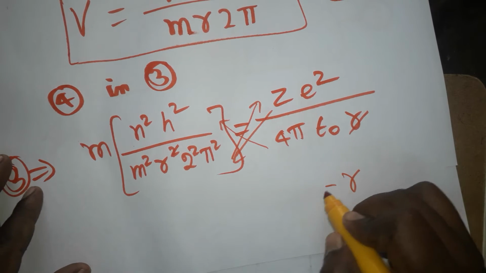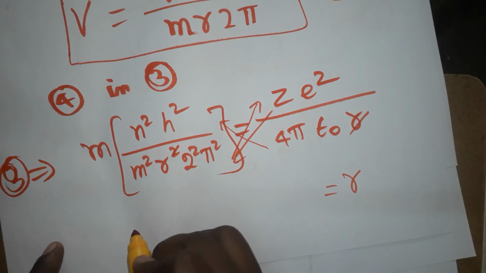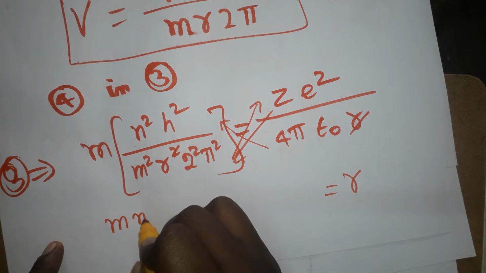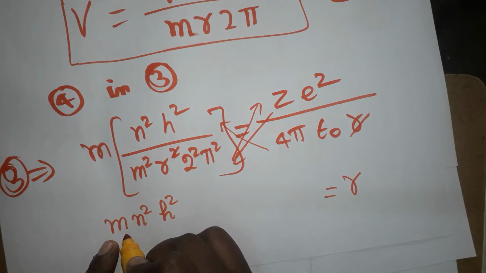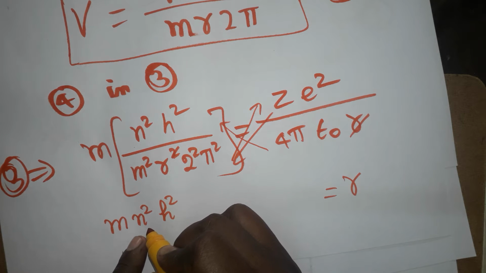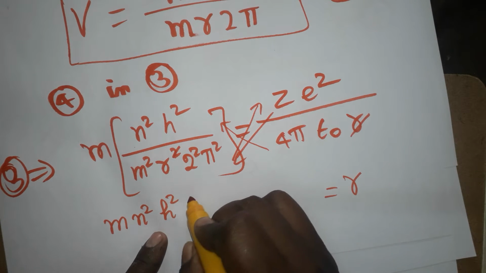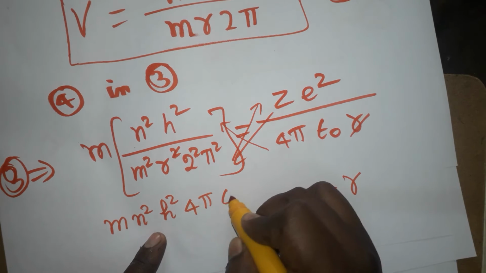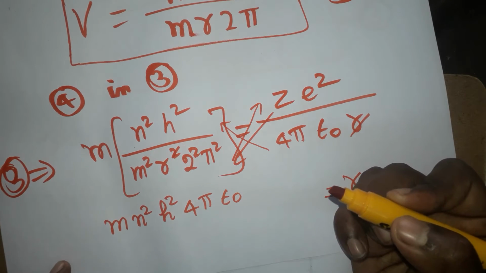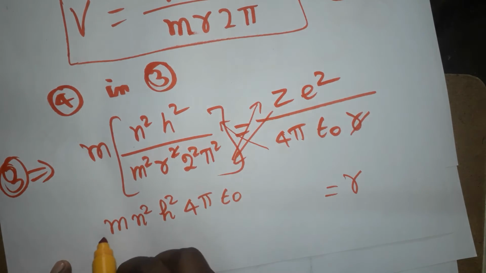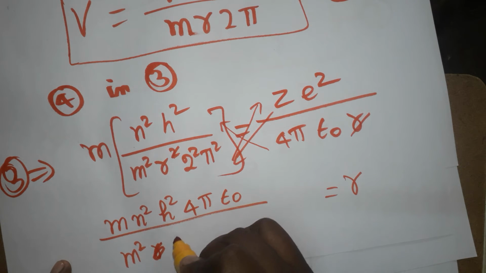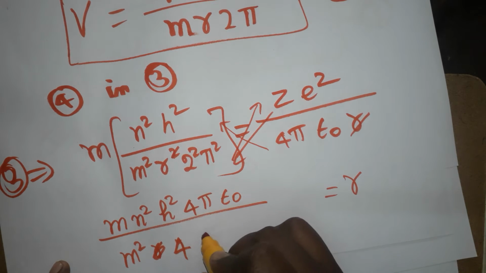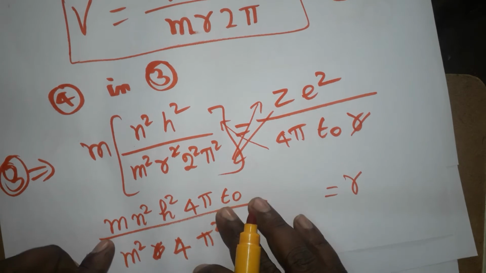So this side will be the radius. m n square h square: h is the Planck constant, m is the mass of the electron, and n is the number of the orbit. 4 pi is a constant value. Epsilon naught is the electric field constant. 4 pi epsilon naught I brought here, divided by m square. R only I brought to that side. 2 square will be 4 pi square. Like this I will get.